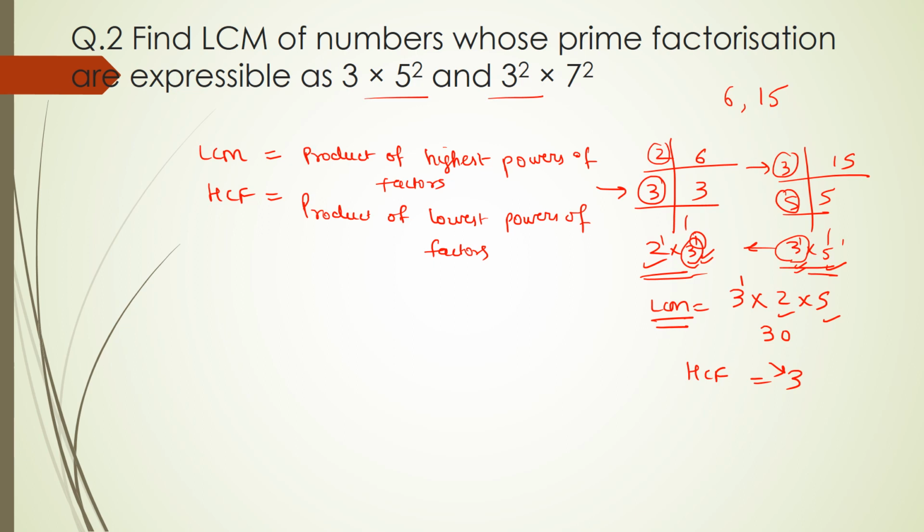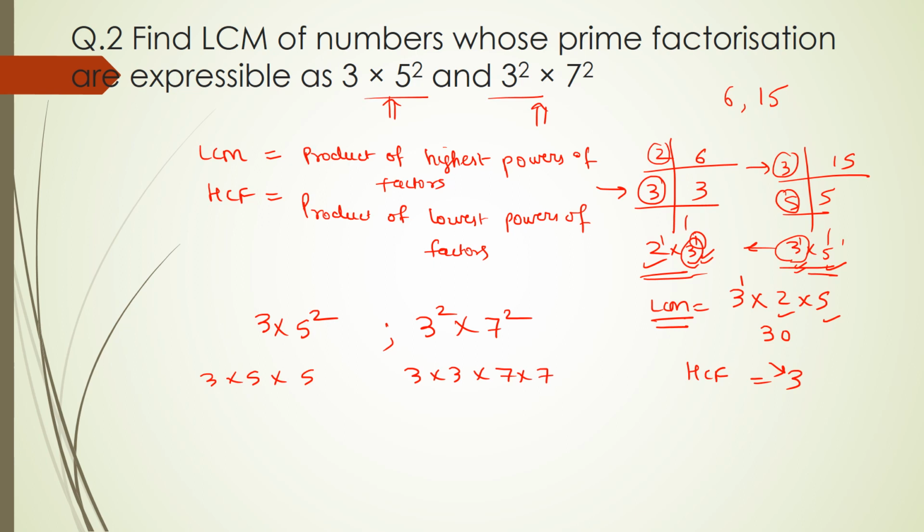Because now the number is not given to us, the prime factorization is given to us. So one is 3 into 5 square, the other is 3 square into 7 square. One way of doing it is to simply multiply everything, right?